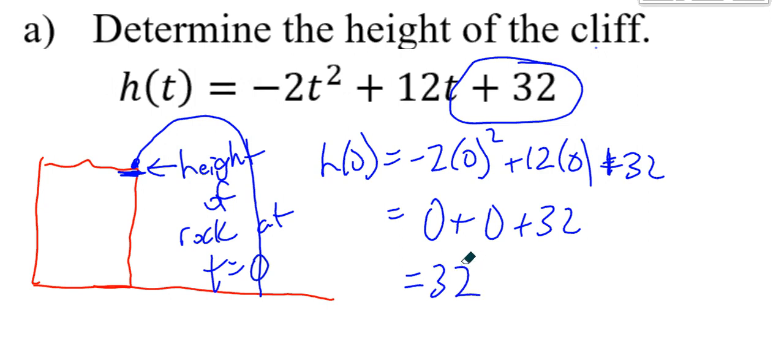And again, hopefully you just sort of know that when you have a standard form quadratic, the c term, or the constant term, represents the starting height, or the y-intercept, the vertical intercept. So the starting height is 32 meters, I assume. Again, we weren't given a unit for that. Let's go meters. So if the rock started at 32 meters, then the cliff was 32 meters high, because that's where the rock was. Okay, next question.